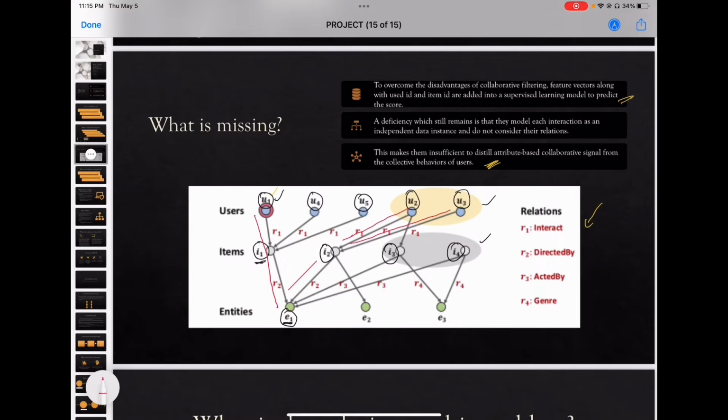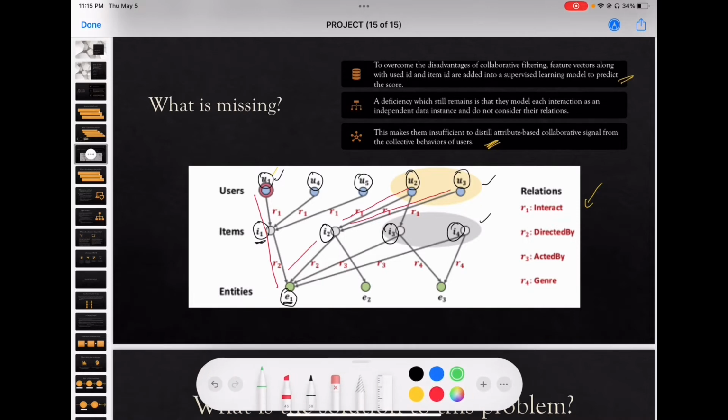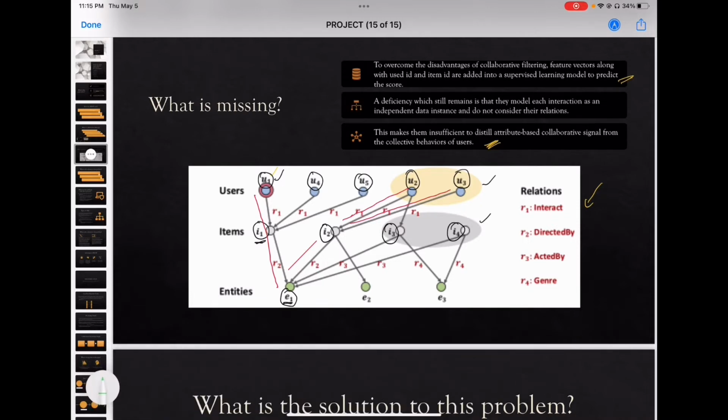Wherever we are going against the arrow, you can take the negation of the relation. And to go to the gray circle, it will be similar. You go from user 1 to I1 and I1 to E1, and from E1 you are taken to I3 and I4 using these arrows.